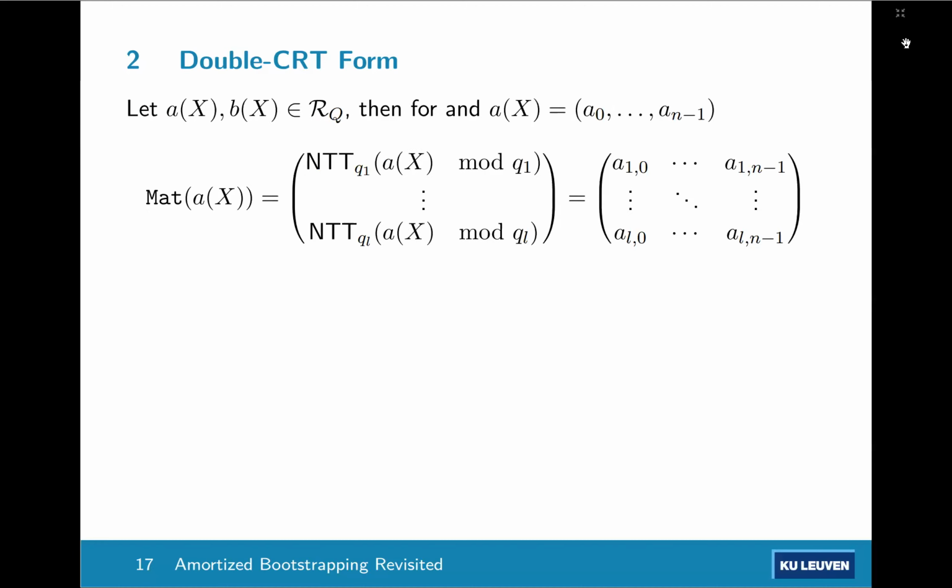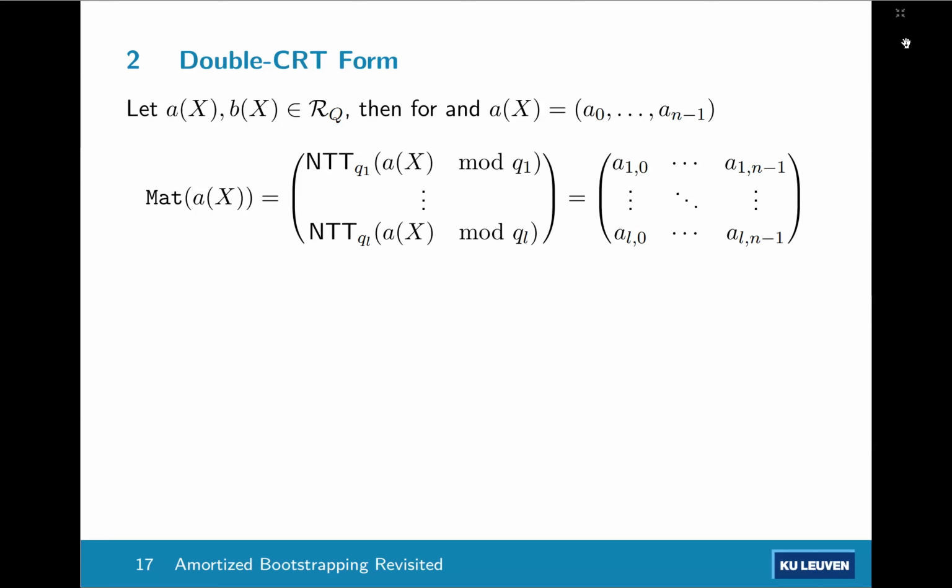Well, it can. We take a polynomial A, and then for A of X, for A with coefficient vector A0 to A(N-1), we can define the matrix of A as the NTTs taken for each of the small Qi on the A of X modulo Qi, and that actually gives us a nice and neat looking matrix.